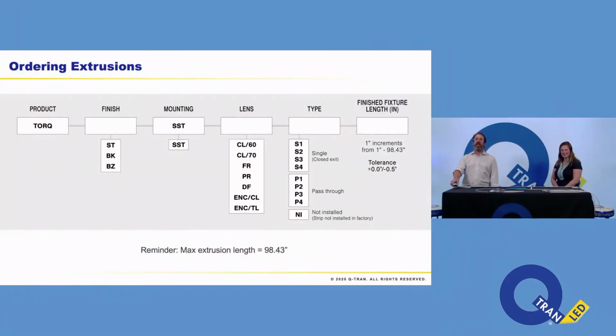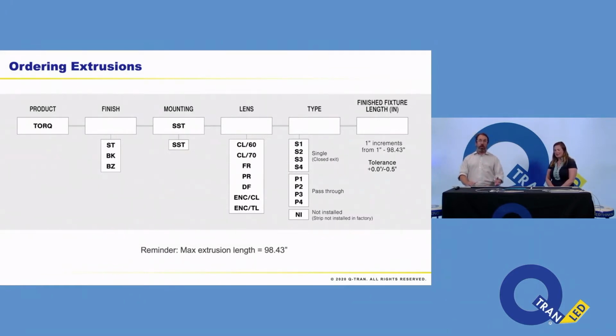Okay. So now that we've talked a little bit about the different options available, they do correspond when building the fixtures. You talked about the S's and the P's. I think we need to clarify that next. So looking at the ordering for an extrusion, and this is an example of a torque, which are the extrusions we have up here on the table.